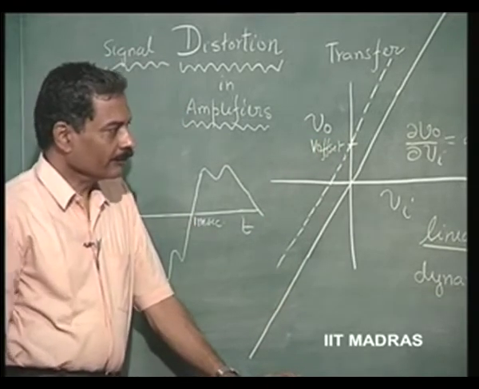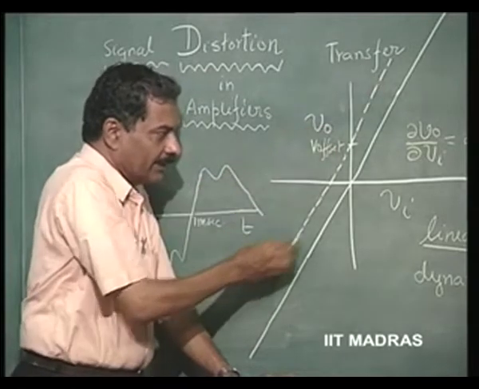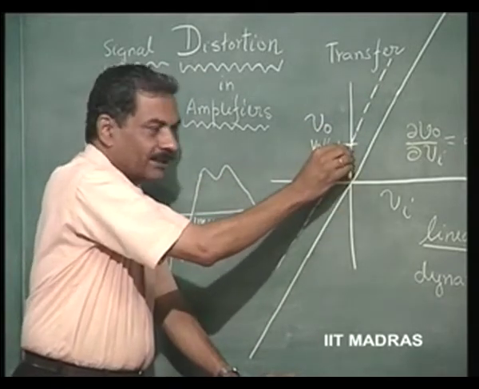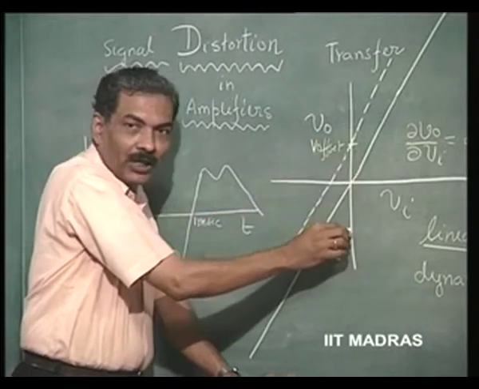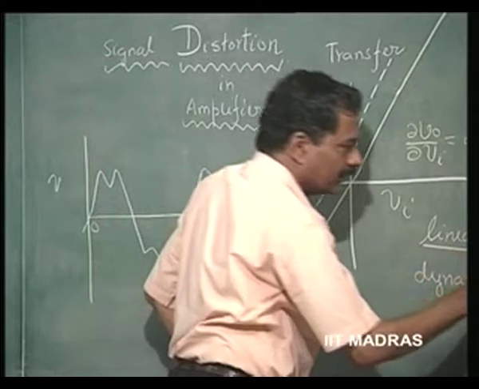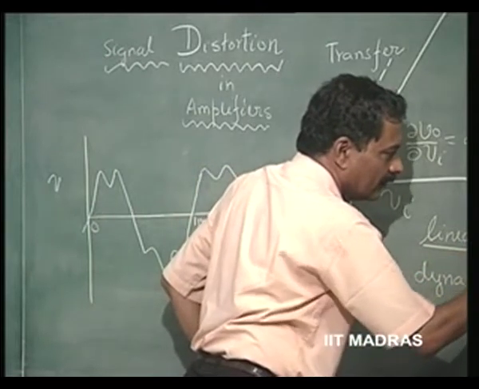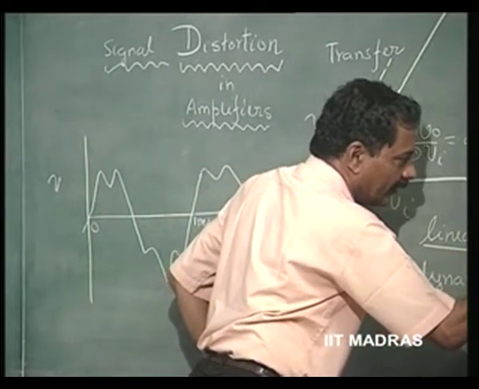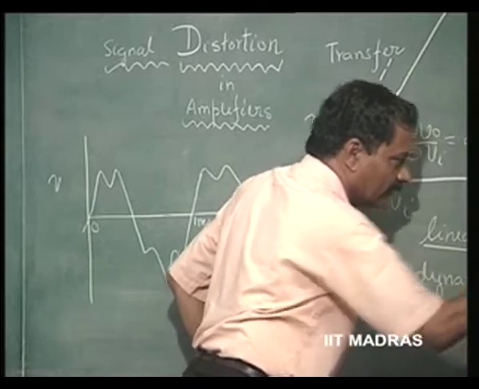So, this is having the same gain as this, but there is an offset. This offset can be positive or negative. So, V offset is made very close to 0.